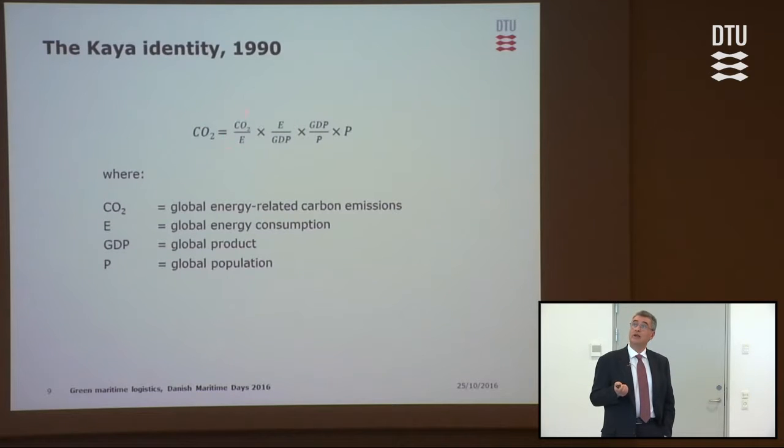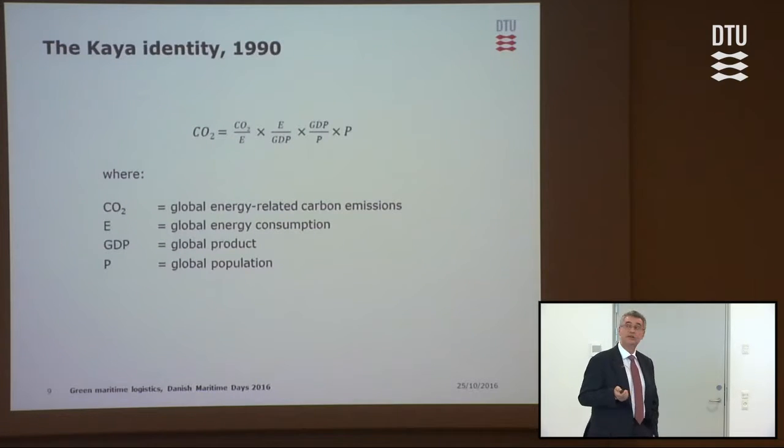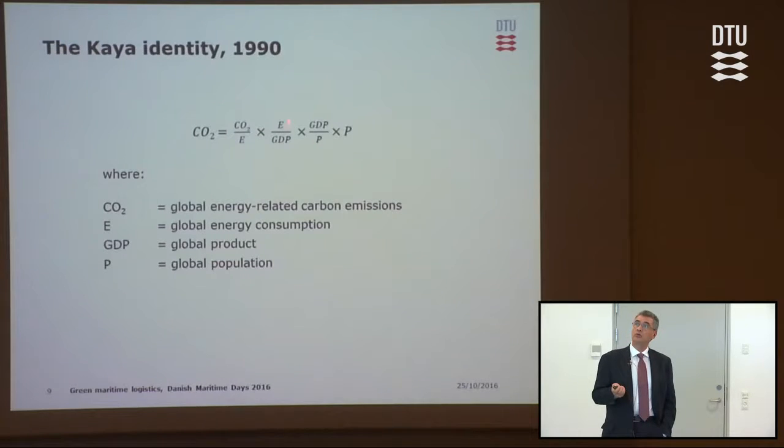The first one is the carbon intensity of the energy, the CO2 produced per energy unit consumed, and basically has to do with the fuel mix that is being used. The second one is the energy intensity of the economy, energy units consumed per GDP. The third one is the GDP per capita and the global population.